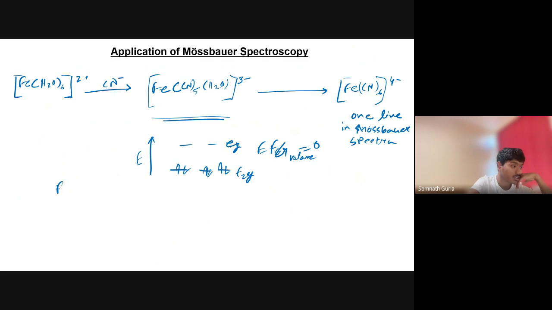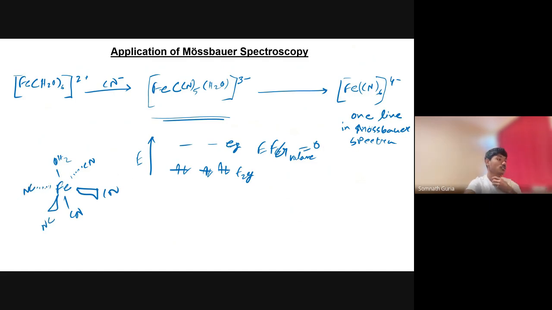Now, if you talk about the iron pentacyano aqua ferrous, the structure is Fe with OH2 in one direction, and everywhere else is cyanide. So one ligand is replaced and one ligand, a water molecule, is still remaining over here. It is not a symmetric system.